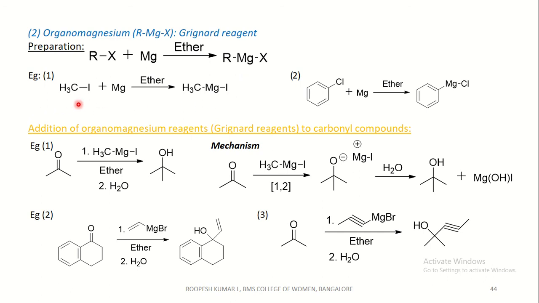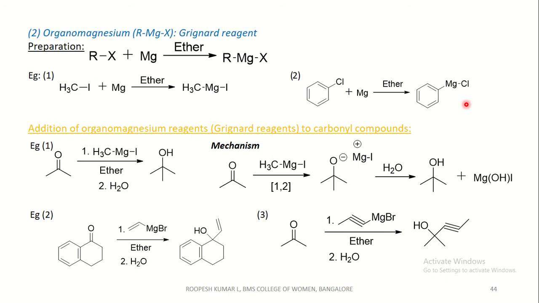For example, methyl iodide reacts with magnesium in ether to form methyl magnesium iodide. In the second example, even aromatic rings can be used: chlorobenzene reacts with magnesium to form aryl magnesium chloride.